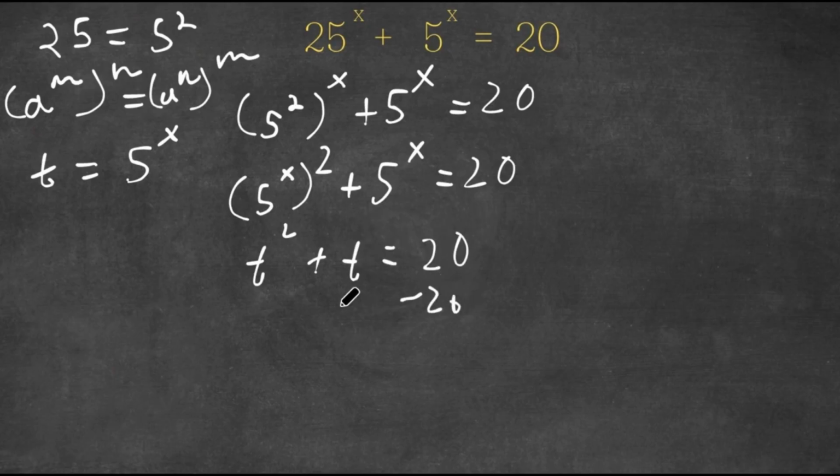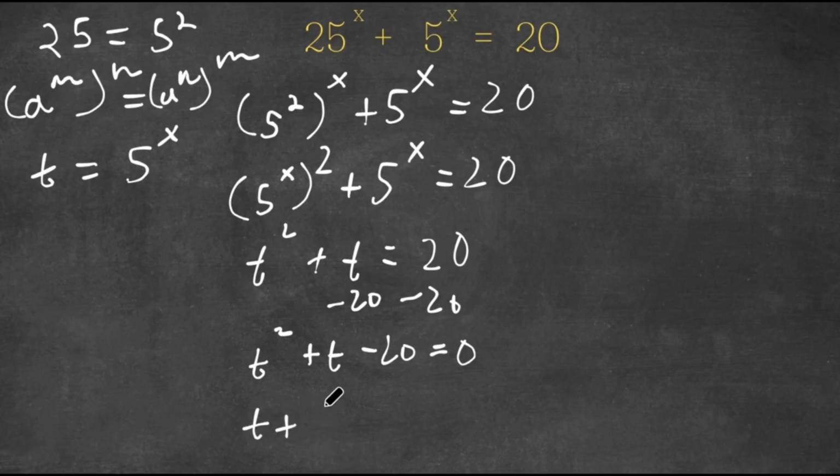Now I'm going to subtract 20 on both sides. So now I get t squared plus t minus 20 is equal to 0. Now this is a simple quadratic equation, and this will be factored into (t plus 5) times (t minus 4).